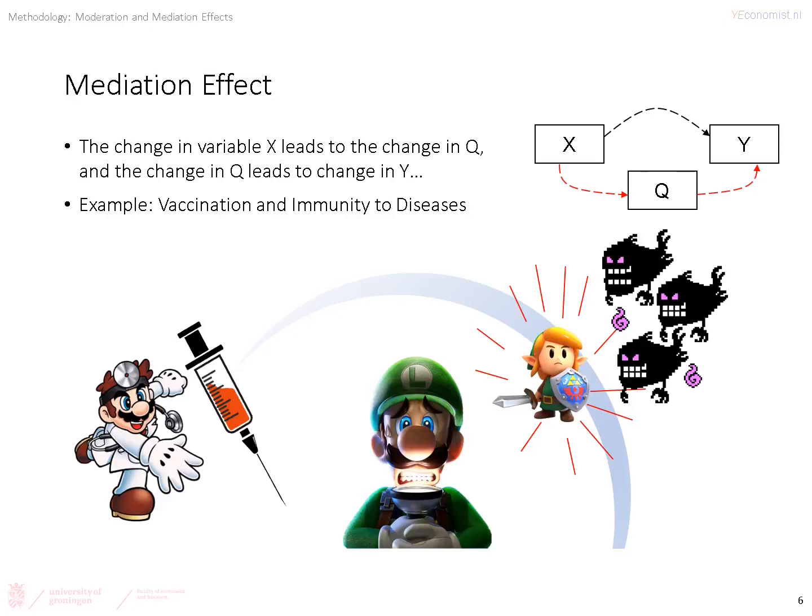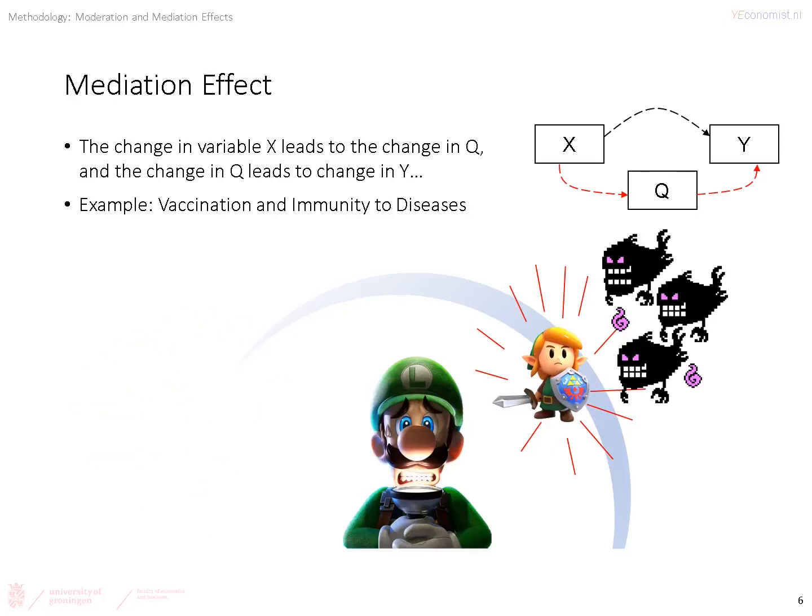Assume that you got this disease before and you have recovered, but you still have enough level of antibodies in your blood. Then even without the vaccination, you are still immune to this disease.